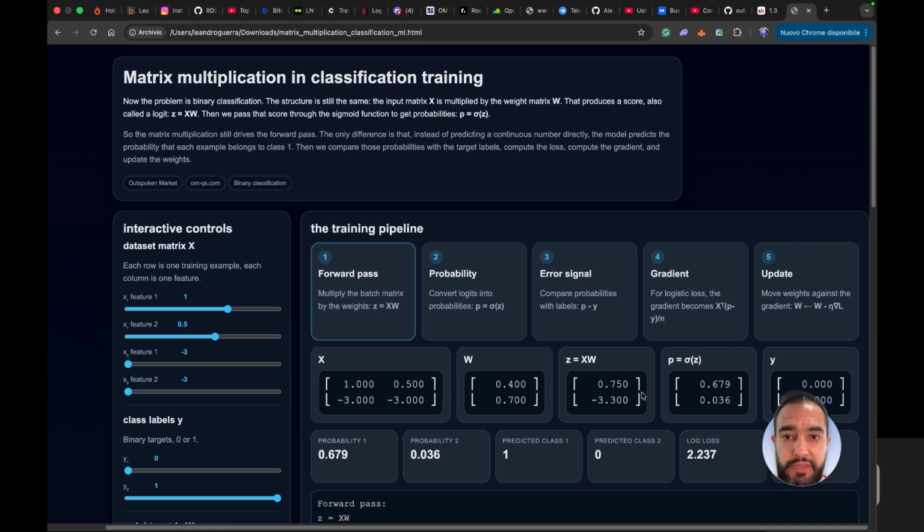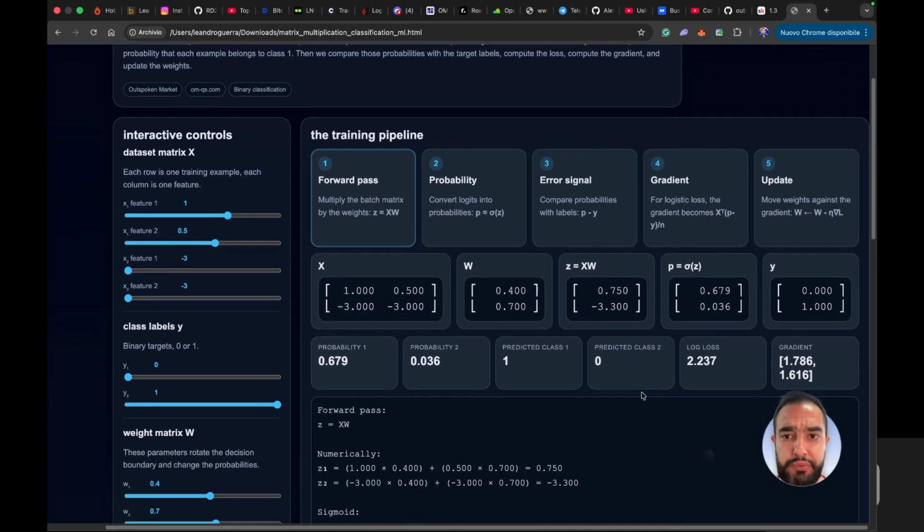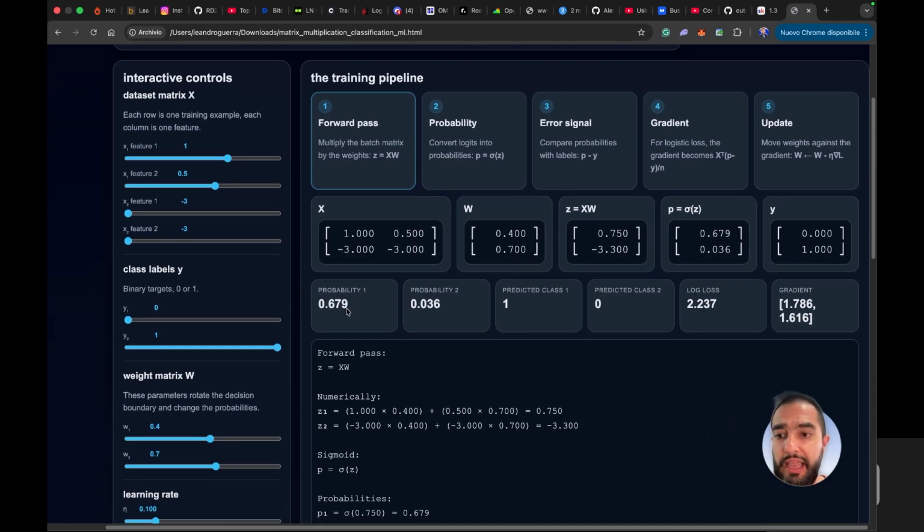This simulation that I have on the screen will try to accomplish a very simple classification task. A classification task in this case will be: I have some outcomes, in this case 0 and 1, and I would like to have a model that will help me achieve these particular classes, 1 or 0, with a certain probability.